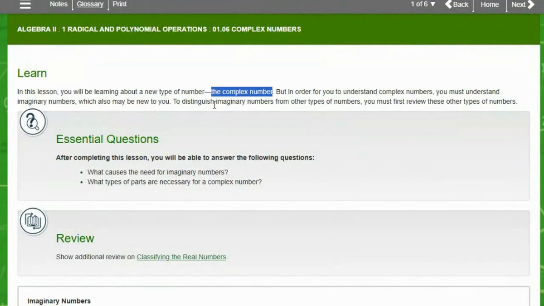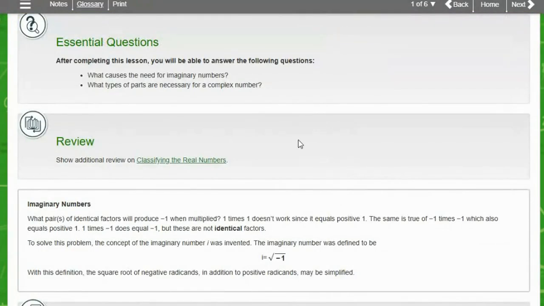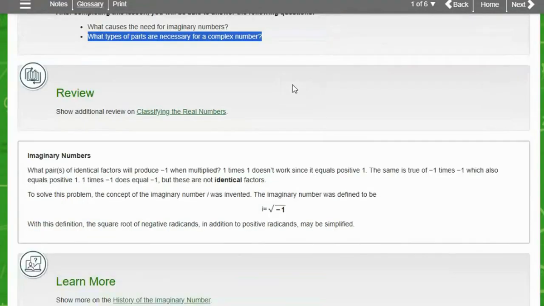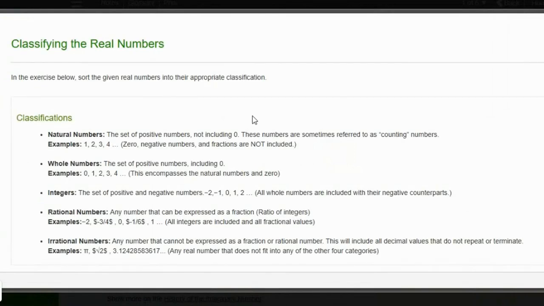To distinguish imaginary numbers from other types of numbers, we have to review what these other types of numbers are. So we're going to learn what causes the need for imaginary numbers and what parts are necessary for complex numbers. Let's look at the classification of real numbers first. If we're talking about imaginary numbers, let's see what the real numbers are.